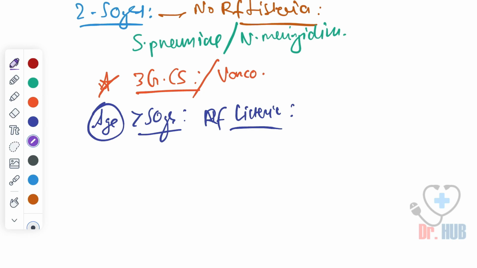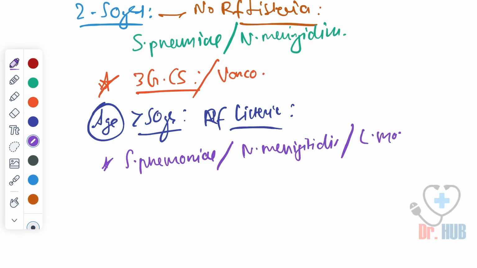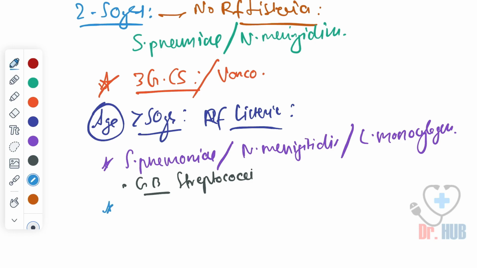Here the organisms include S. pneumoniae and N. meningitidis, as well as L. monocytogenes. There is also the inclusion of group B streptococci. So what does the treatment include? The treatment here includes a third generation cephalosporin, vancomycin, as well as ampicillin.